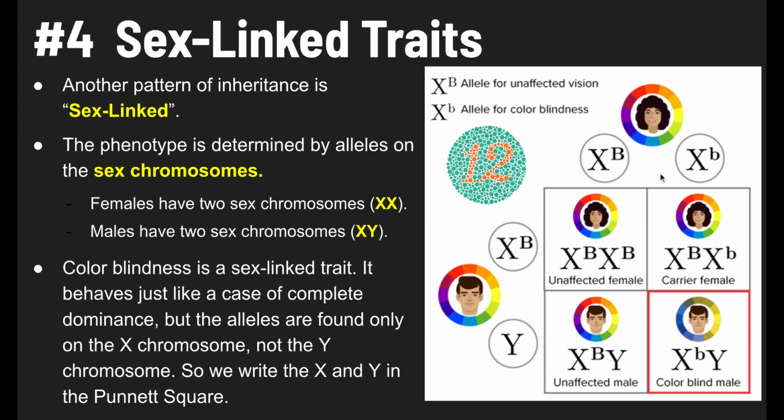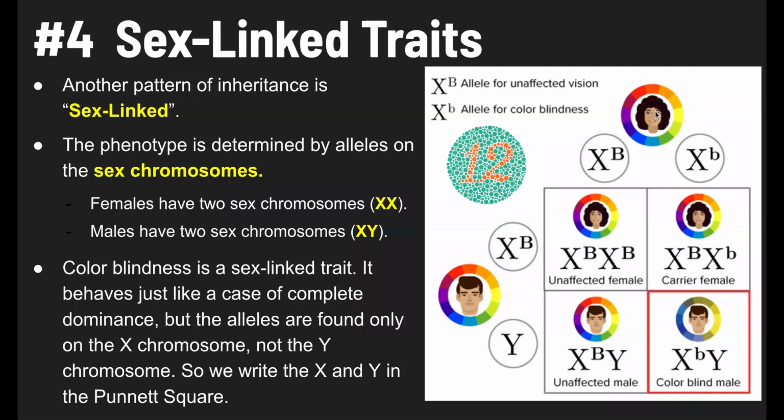But the X's do have a letter on it because the alleles for colorblindness are found on the X chromosome. So if you have an X chromosome with a big B on it, that is the allele for normal vision. But if you have an X chromosome with a little b on it, that's the allele for colorblindness.